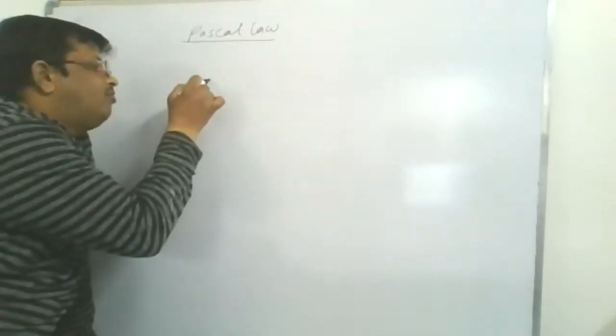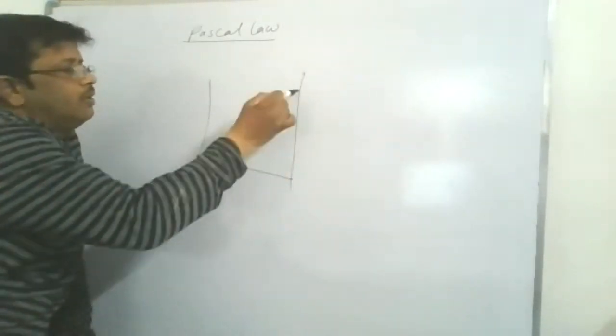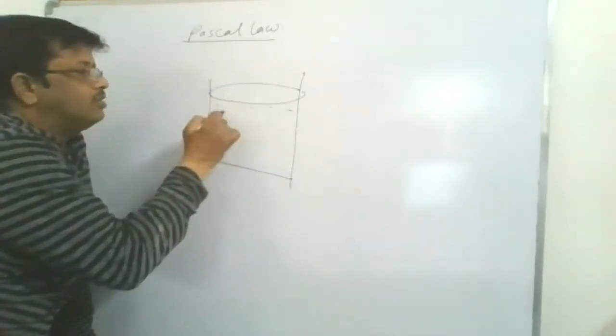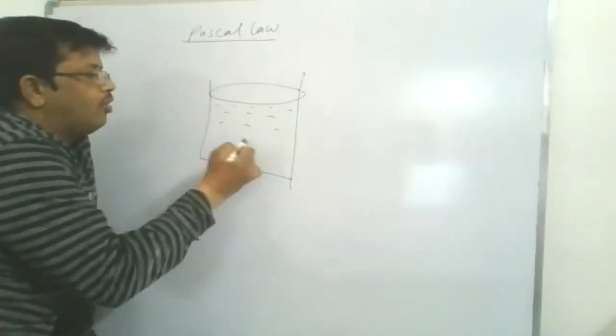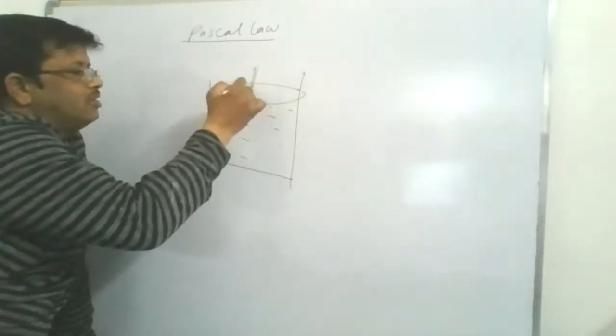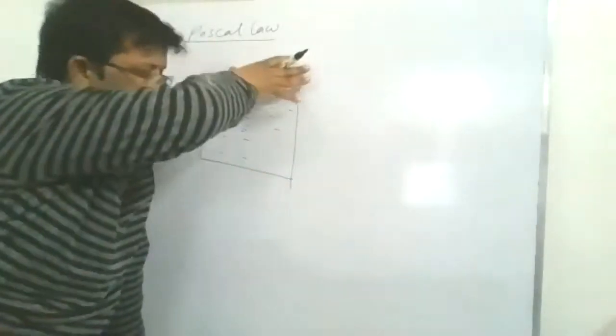According to this law, if this is a fluid which is completely enclosed, with fluid filled inside, and from here you apply excess pressure, excess meaning from outside you are pressing this piston.